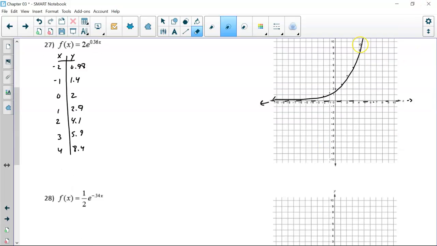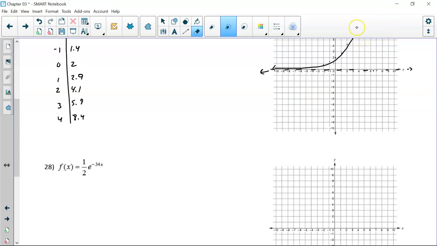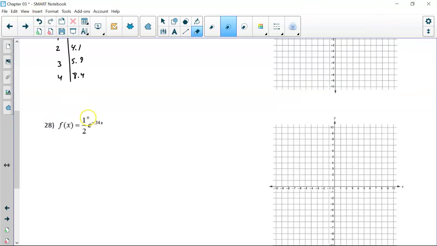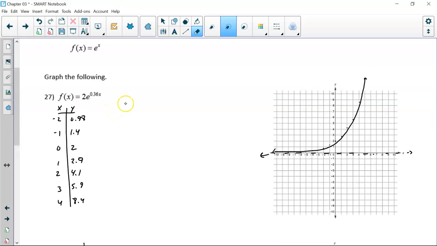Oh, sorry, I should probably put our domain. So our domain, negative infinity to infinity. Our range, 0 to positive infinity. Our horizontal asymptote, y equals 0.